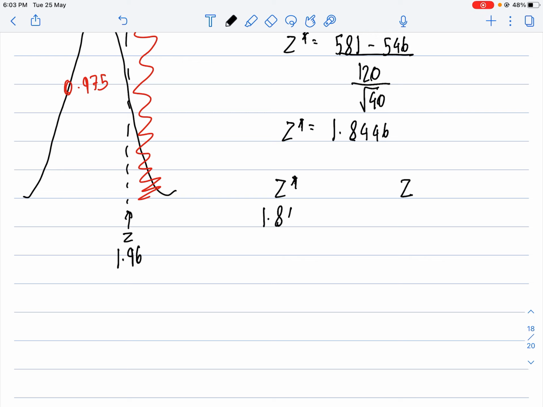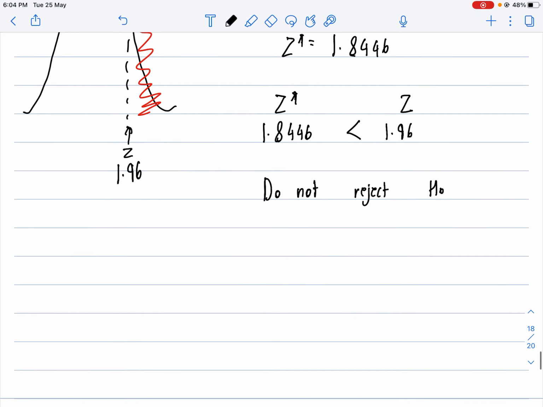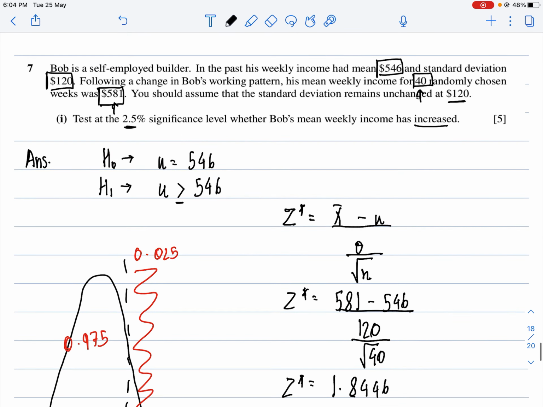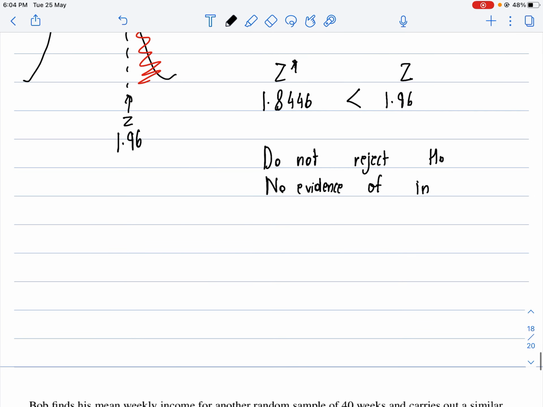Now we compare the Z statistic value with the critical Z value. Between 1.8446 and 1.96, 1.96 is bigger. That means we do not reject the null hypothesis. Okay? And we can then state that there is no evidence of an income increase.